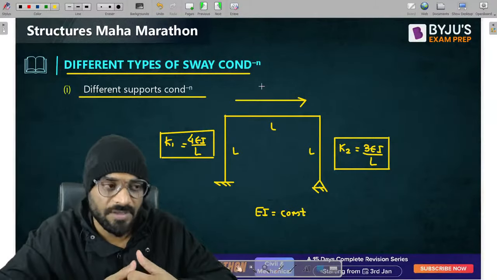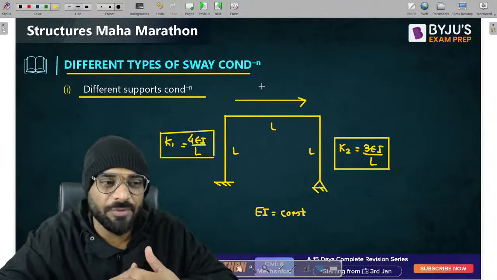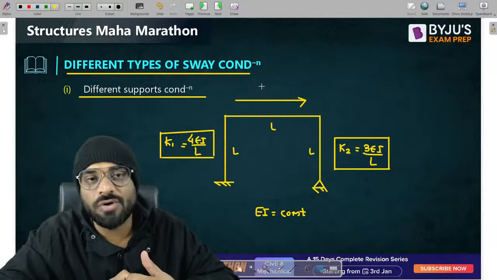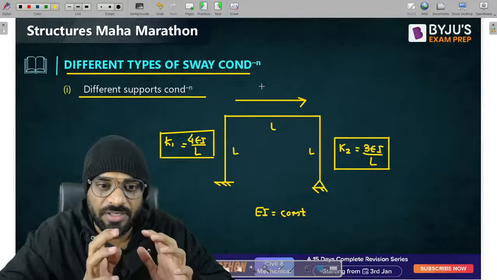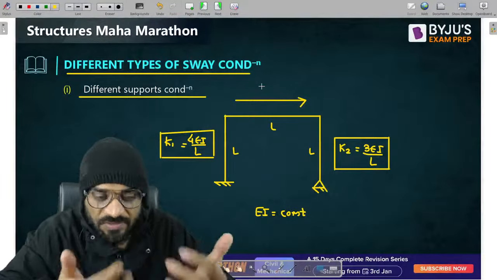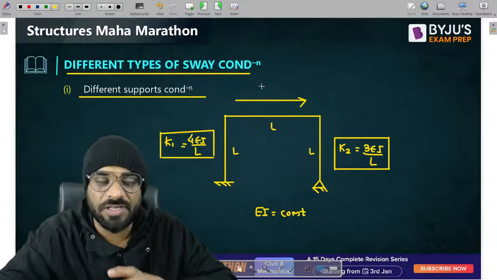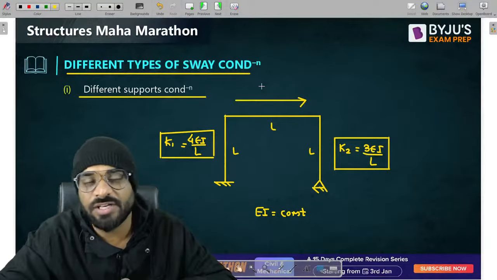But in your question or in your examination, you may not get such type of question, where you have a combination of conditions, like loading is also given, unsymmetrical outline is given, stiffness are different. If you have such type of condition, then you need to use the complete analysis to find out the direction of sway.